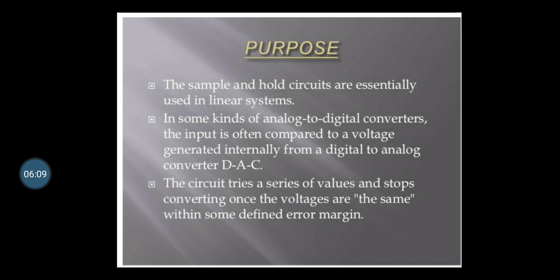So the sample and hold circuits are essentially used in linear systems. In some kinds of analog to digital converters, the input is compared to a voltage generated internally from a digital to analog converter, DAC. The circuit tries a series of values and stops converting once the voltages are the same within some defined error margin.